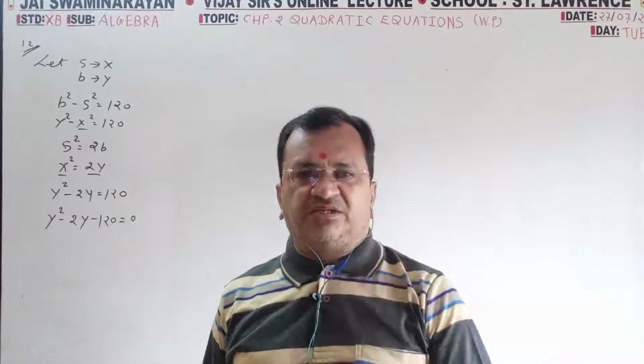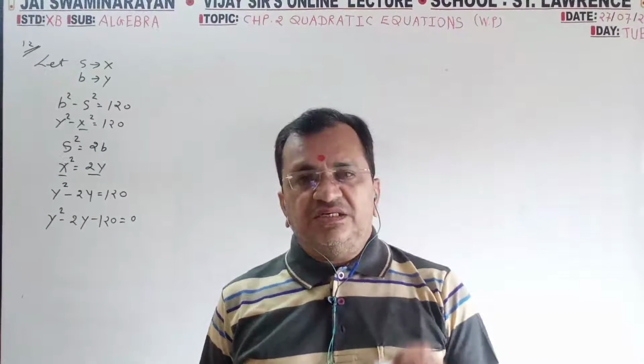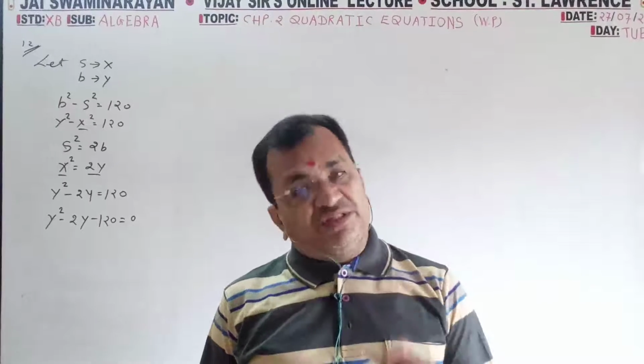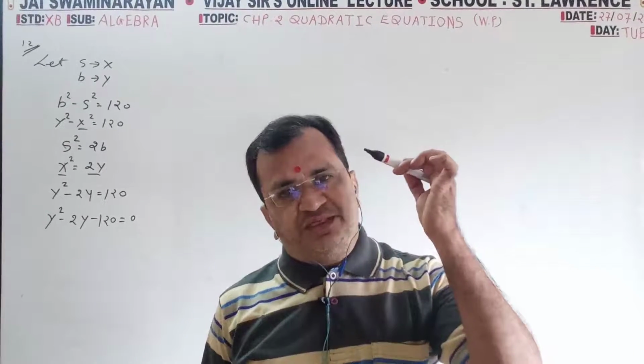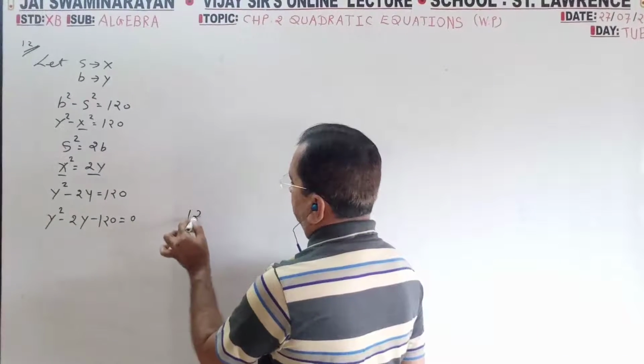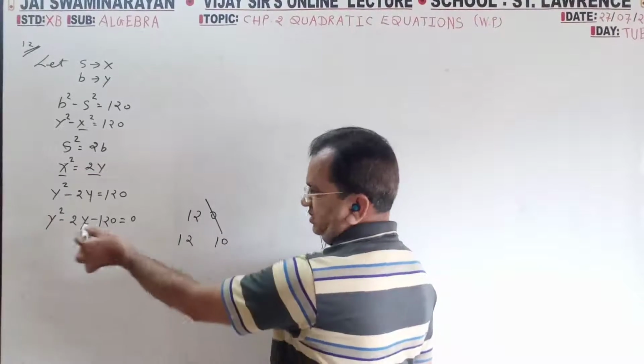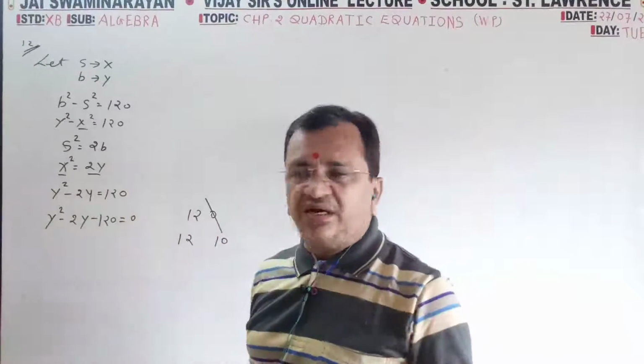Again, my best method: in the C value, when there is 0, at that time it is very easy to split up. So it is 120. Always remove 0. 12 times 10. You will get 2 as the difference.